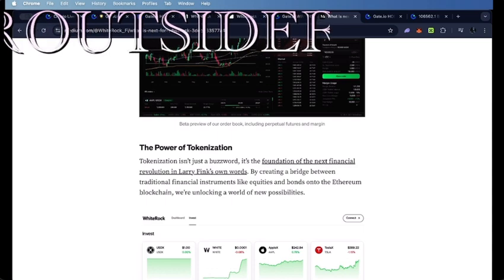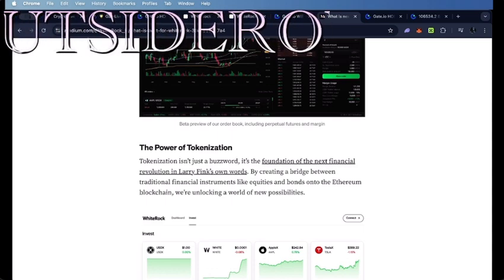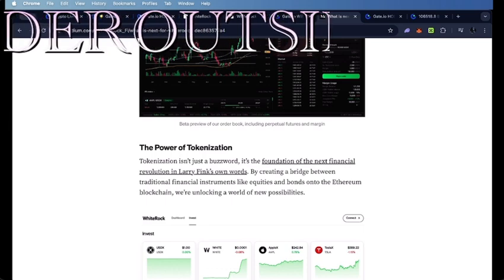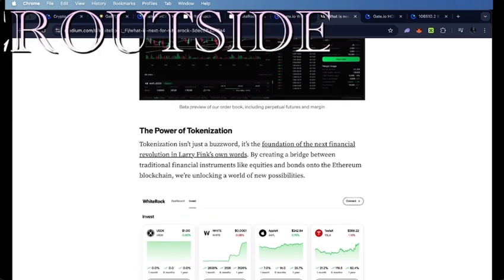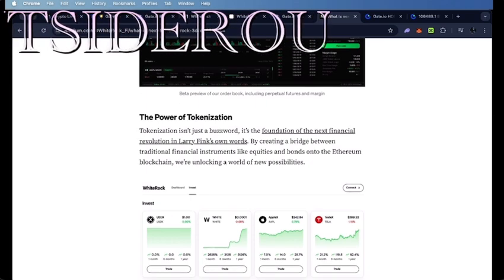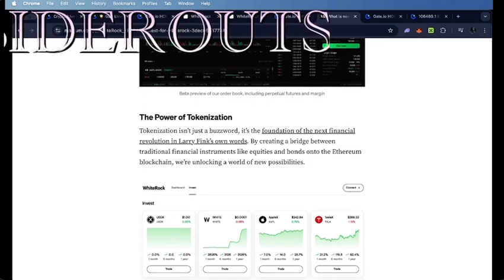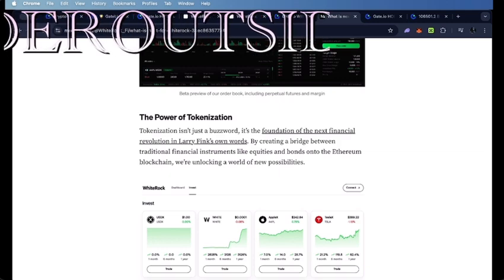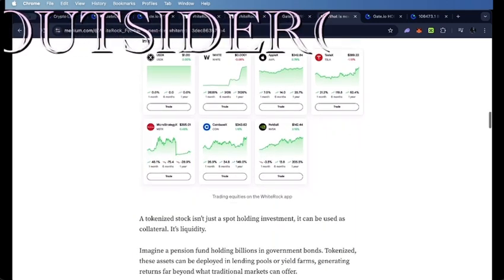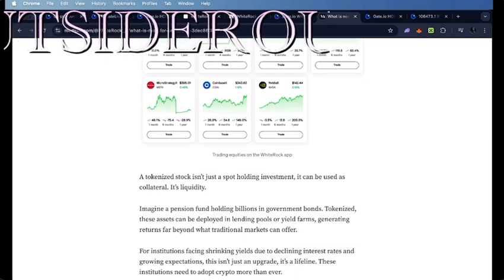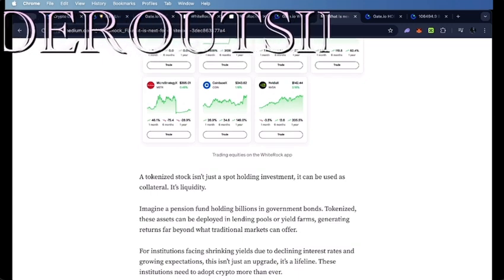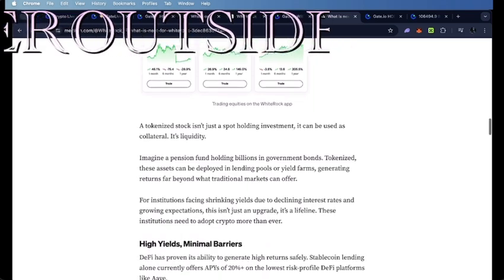The power of tokenization. Tokenization isn't just a buzzword, it is the foundation of the next financial revolution. By creating a bridge between traditional financial instruments like equities and bonds onto the Ethereum blockchain, we are unlocking a world of new possibilities. A tokenized stock isn't just a spot holding investment, it can be used as collateral, adding liquidity.